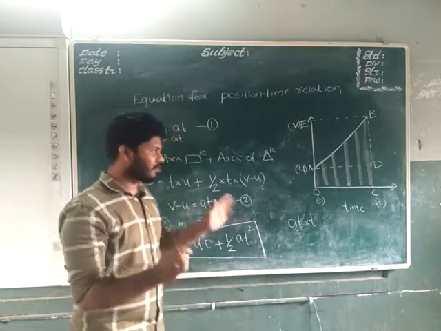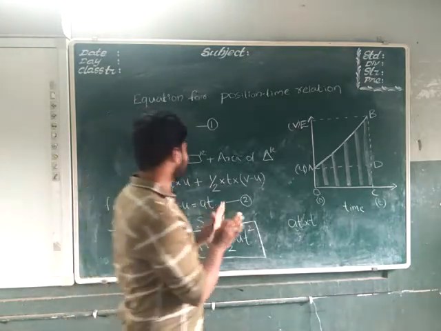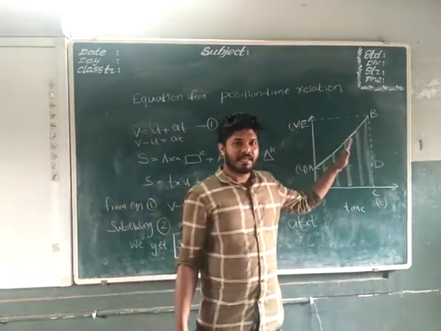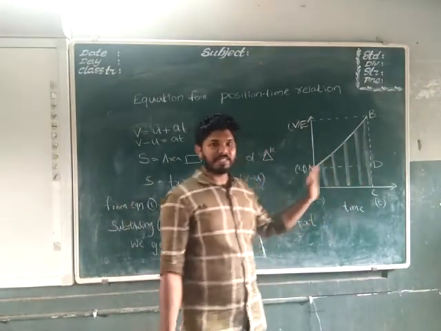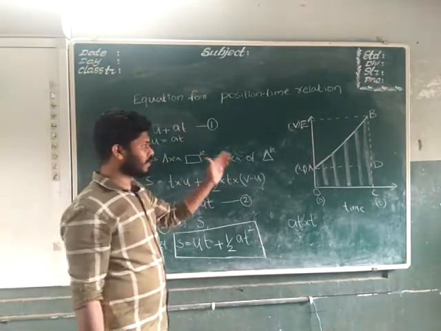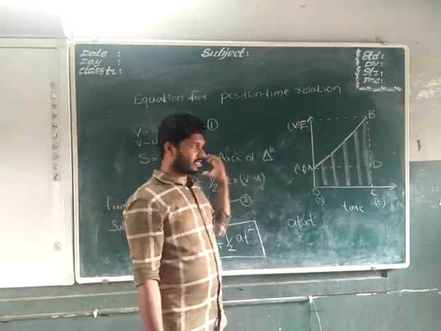Very easy. Once more I will explain. See, from here we know the area under the velocity time graph is equal to displacement. So we wrote s equal to area of a triangle plus area of a rectangle.